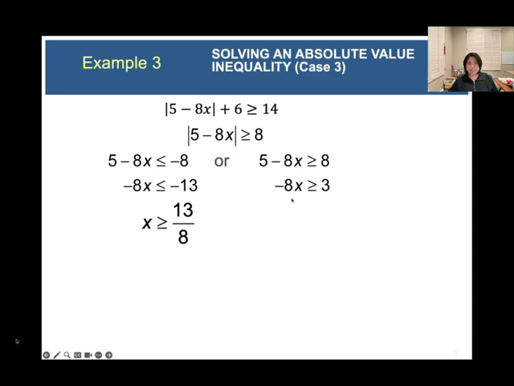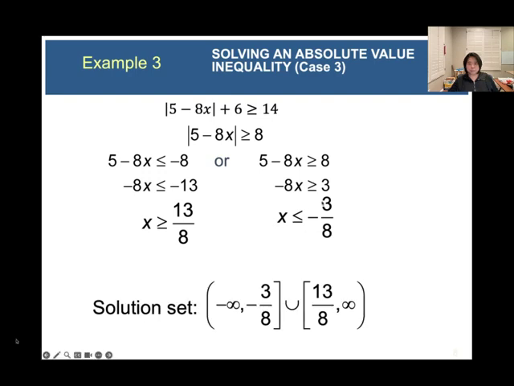I divide by negative 8, so I'm going to switch the direction of the inequality. So my solution set, we're going to write down this guy first, okay? Always look at it from left to right. So from negative infinity to negative 3 over 8, or 13 over 8 to positive infinity. Make sure the order does matter, okay?